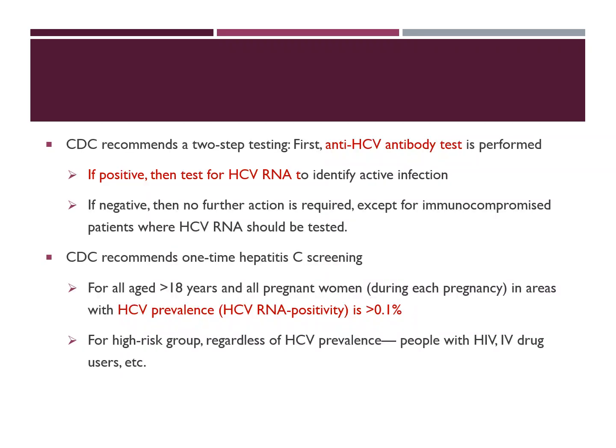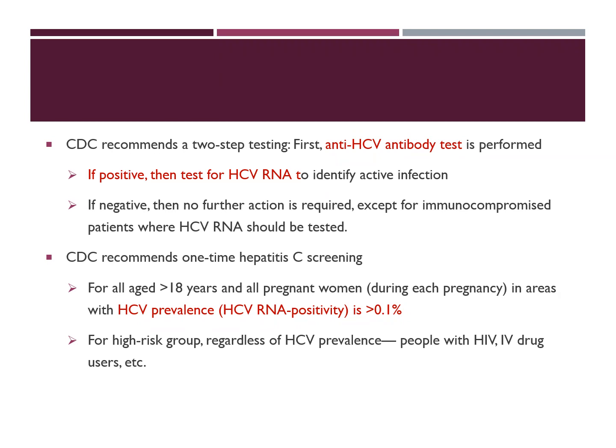Now, what does the CDC recommend? The CDC recommends two-step testing. First you go for the antibody test, that is the anti-HCV antibody test. There are rapid cards and ELISA tests, so you can do that. If the person comes positive, then you confirm with HCV RNA.